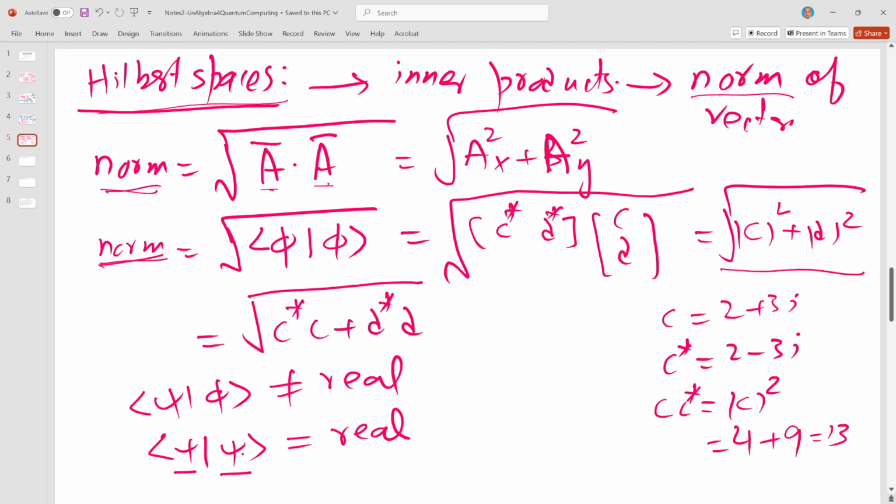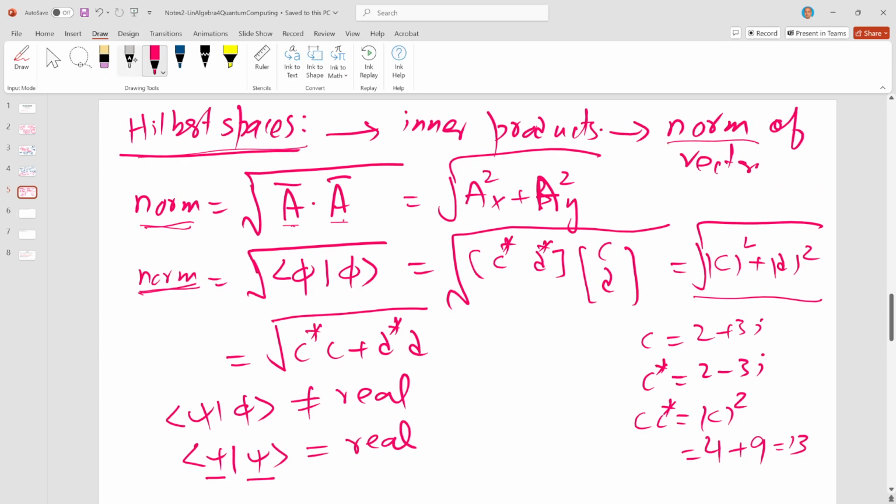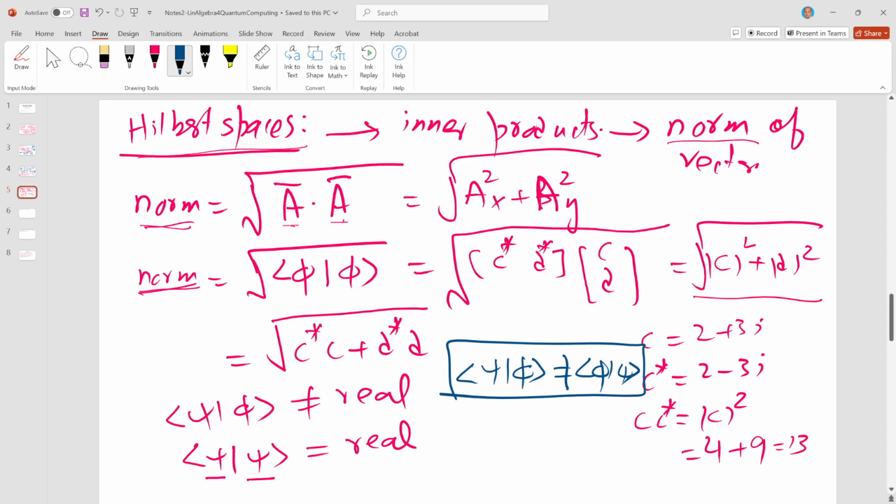And one more thing that we need to remember, because sometimes we forget, is that psi phi is not equal to phi psi. In fact, you can check that psi inner product phi is equal to phi inner product psi conjugate.